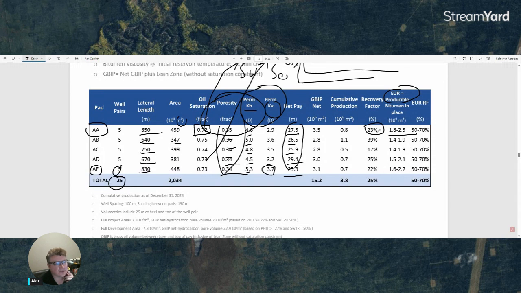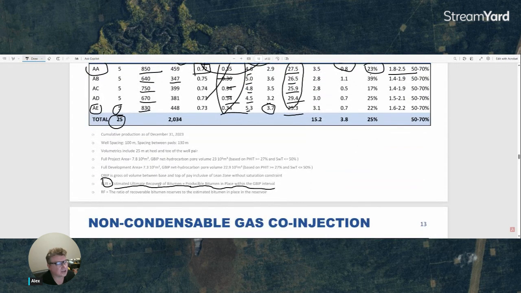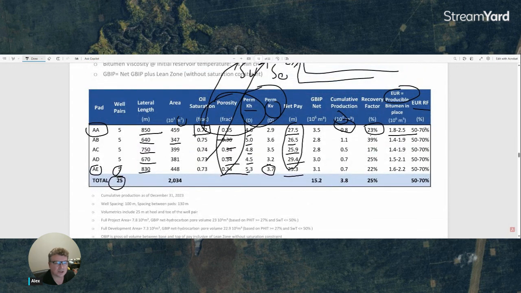If we look at 23%, and we look at the overall area, we can calculate how much was originally in place, and we can see the cumulative production in cubic meters times 10^6, so it's in millions. And we can understand the recovery factor, the estimated ultimate recovery factor, which is 50 to 70% here, and how much was actually produced.